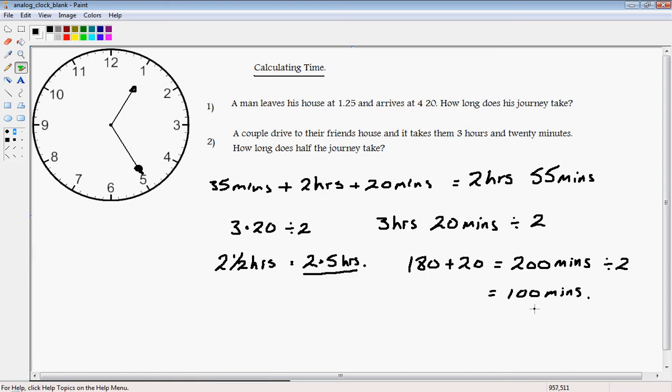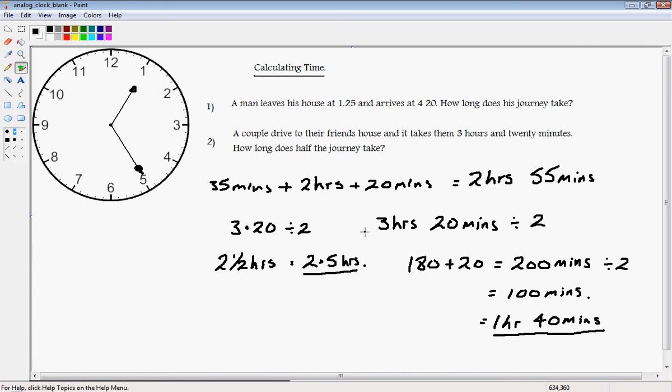Now I know there's 60 minutes in an hour, and 60 will only go into 100 once, so we get 1 hour, and 60 from 100 gives us 40 minutes. So that will give us our answer.